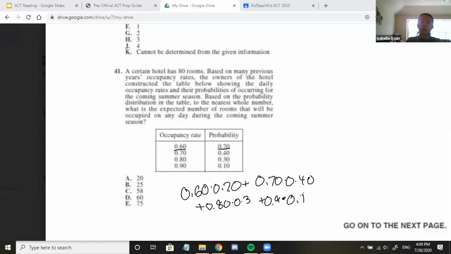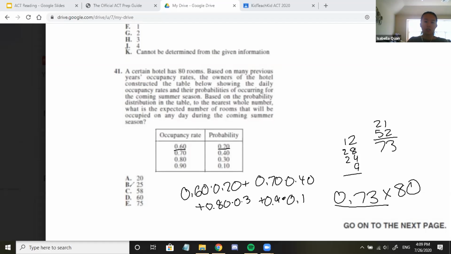And then from there, you can plug it into your calculator, or you could do the math. I would recommend using a calculator just to prevent the worst case scenario, everyone's prone to error. You're going to get 0.73. So that's the expected occupancy rate, which is the percentage of rooms that are occupied. From there, you multiply it by 80, and your answer is going to be 58.